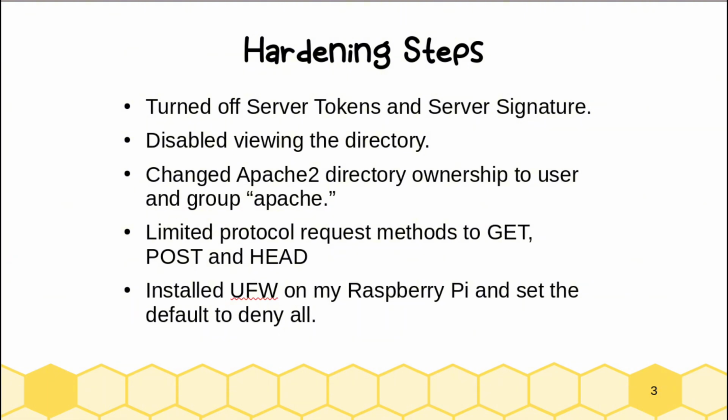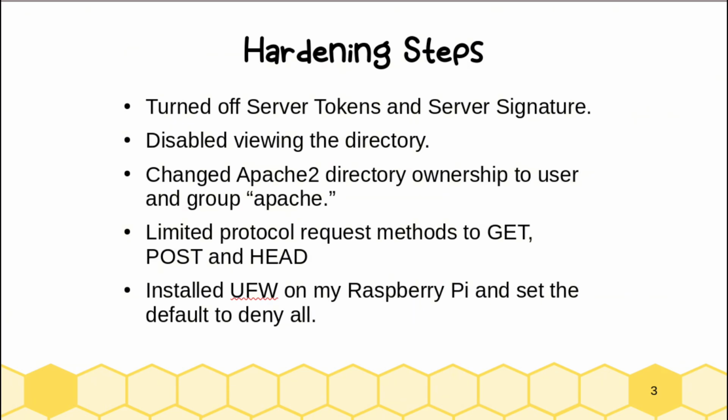So some of the steps I took there were first turning off server tokens and server signature so that potential attackers can't just easily look at what type of server I'm running, the host I'm using, that sort of thing. We don't need to be giving them that information.